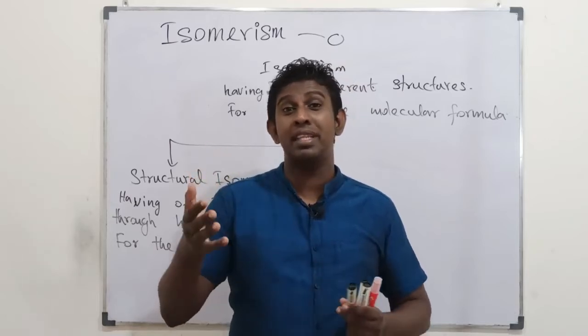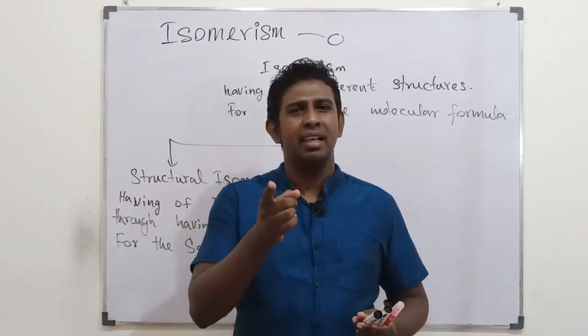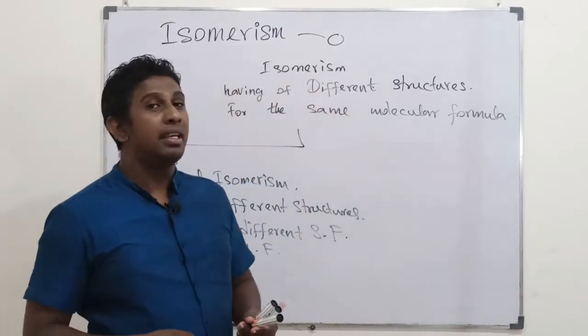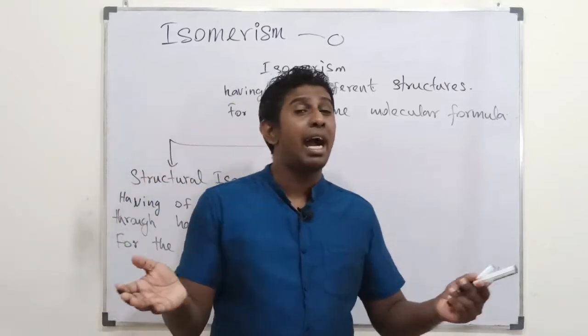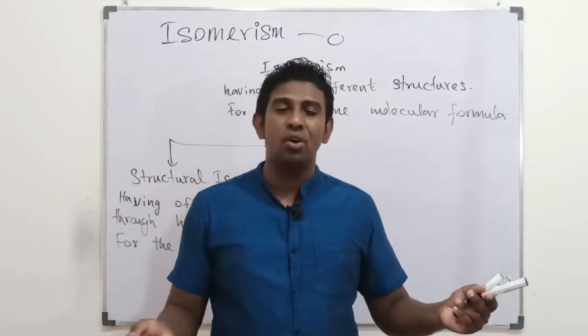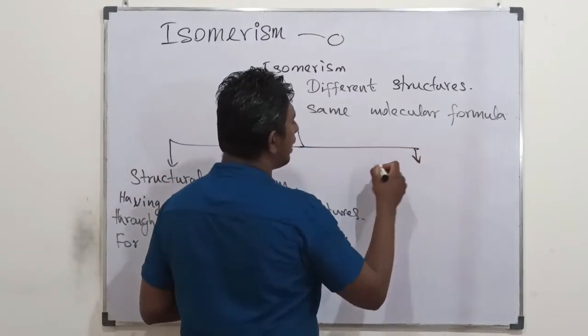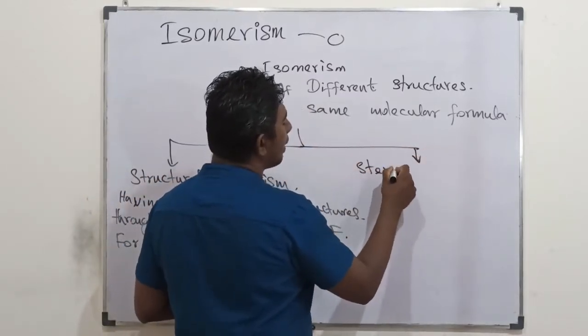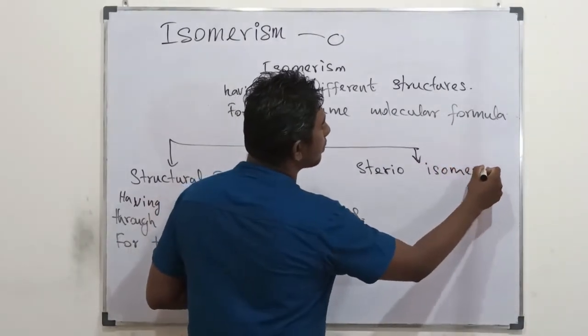In 3D space, their arrangement would follow different orders. It's what we call three-dimensional isomerism or stereoisomerism. So it is the second type.